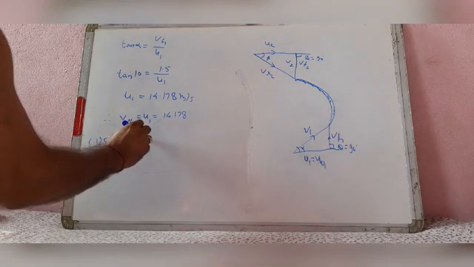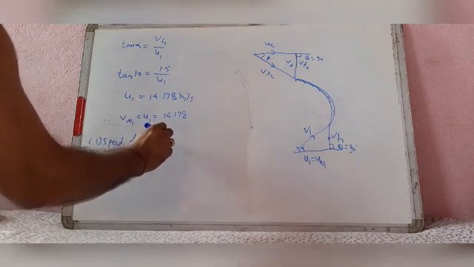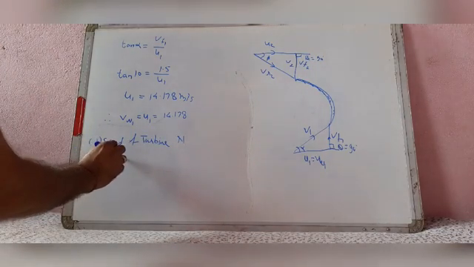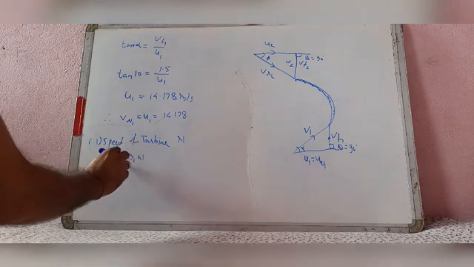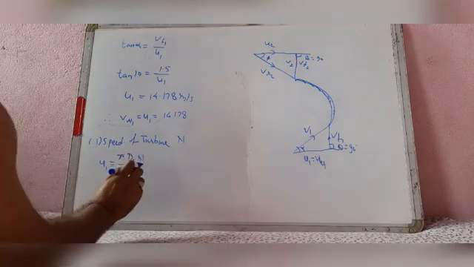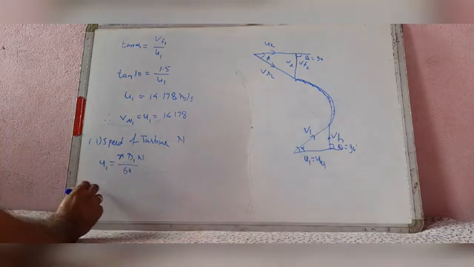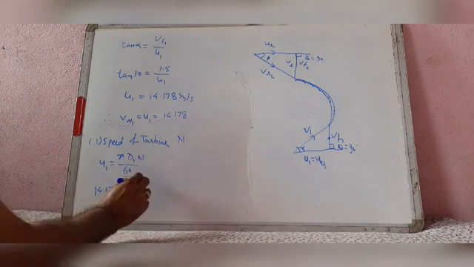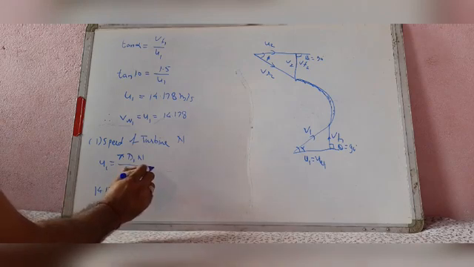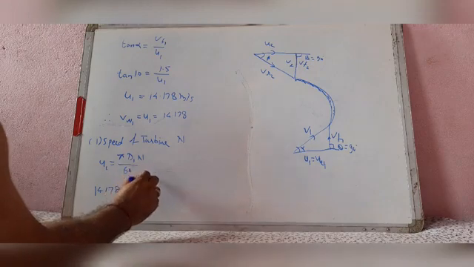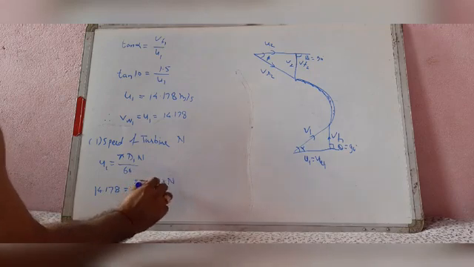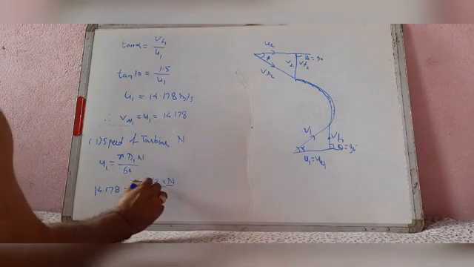Speed of turbine. As we know, U1 equal to pi D1 n by 60. So here 14.178 equal to pi into the value of D1, which is given 1.2, and by 60.